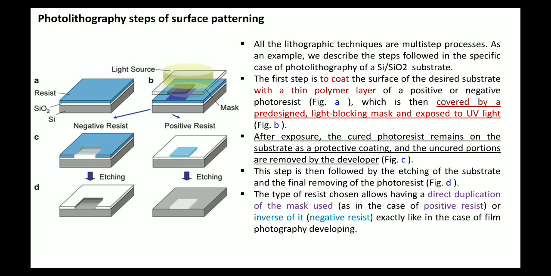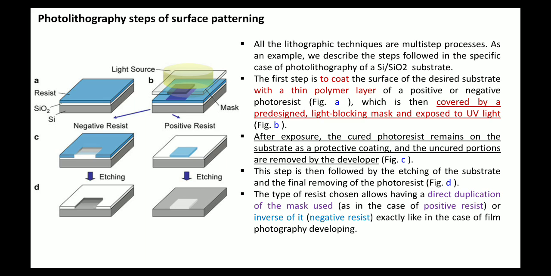After etching in D, you can see if you use the same mask, in the case of negative photoresist, only that part of SiO2 is removed on this silicon. In the remaining part there is SiO2. If you use positive photoresist, only that part where photoresist is present, SiO2 is there, and in the remaining region SiO2 is etched.